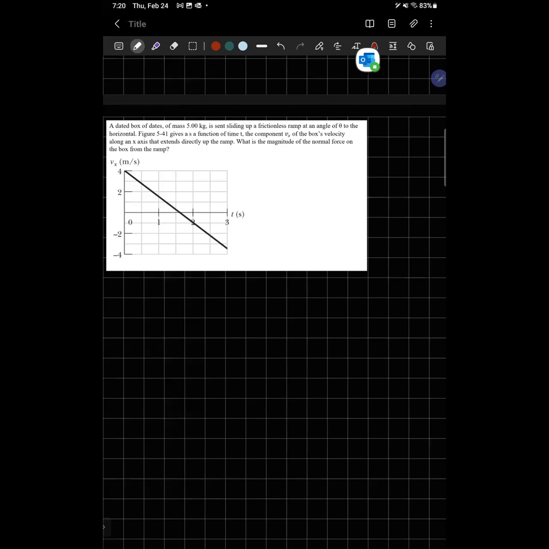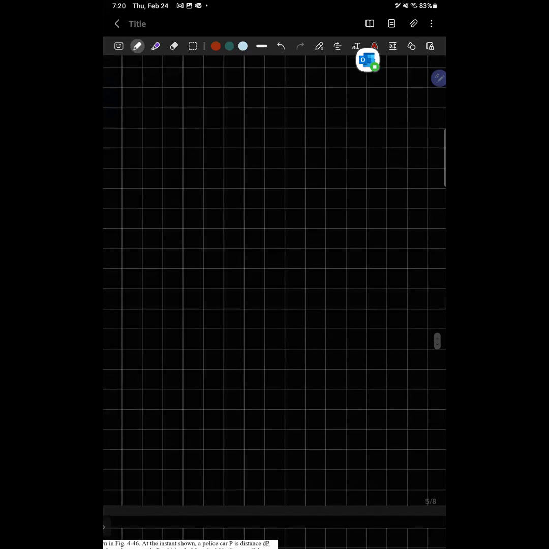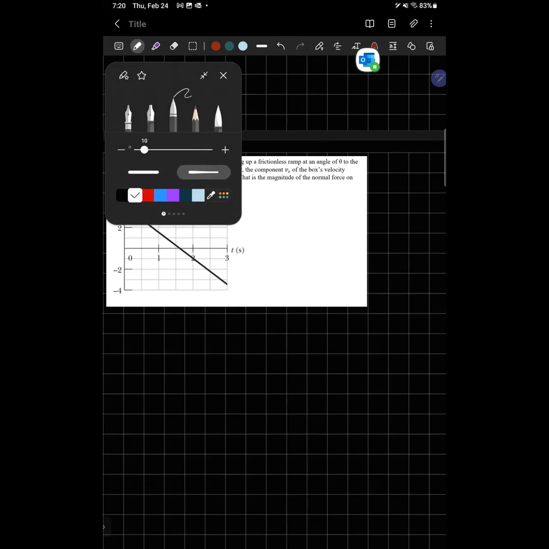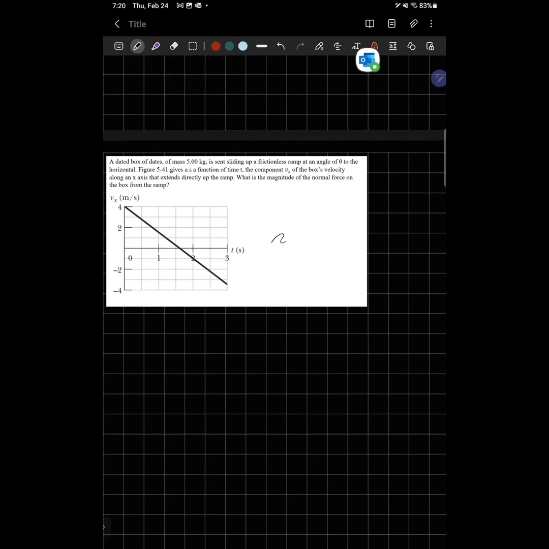So in a picture, what this is going to look like: theta, and then I have this box. I'm going to have a normal force.